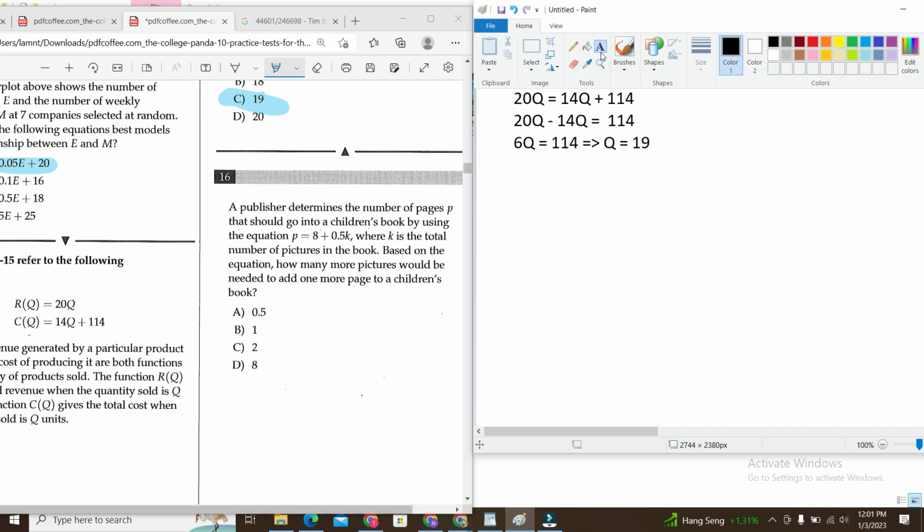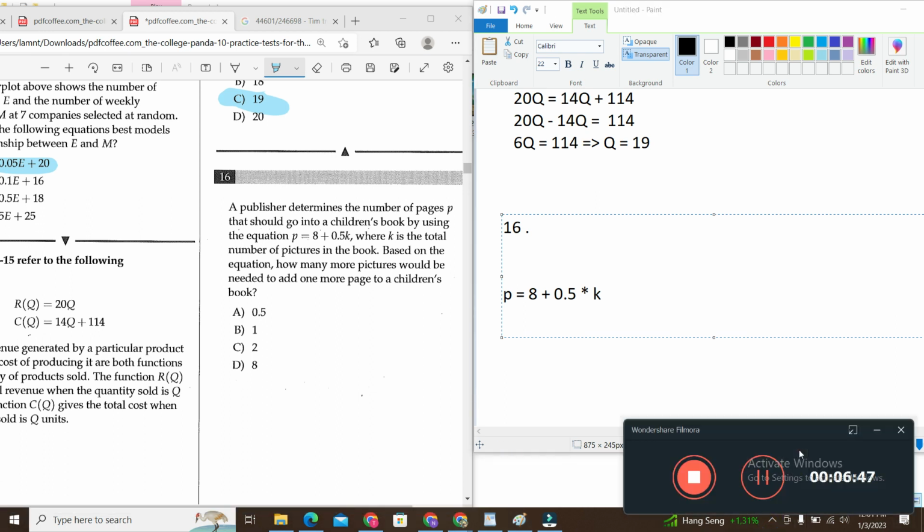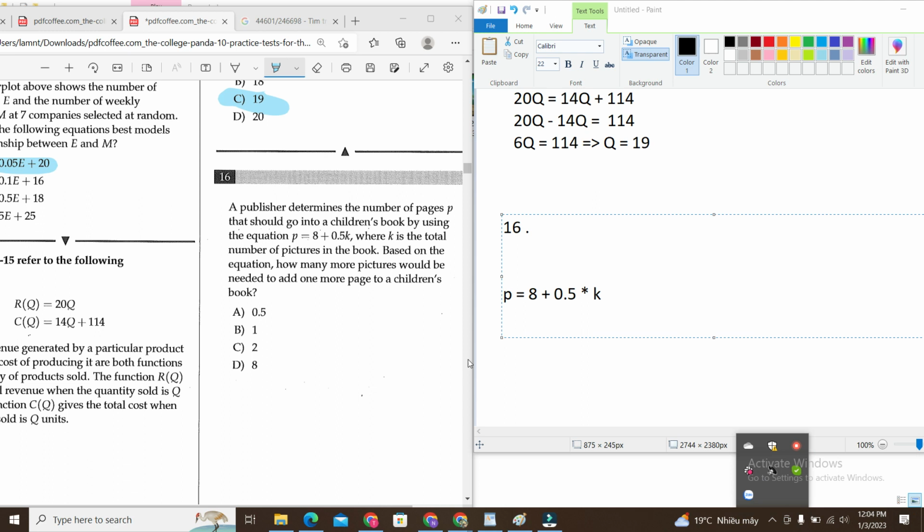So number 16. We have the equation P equals 8 plus 0.5K.